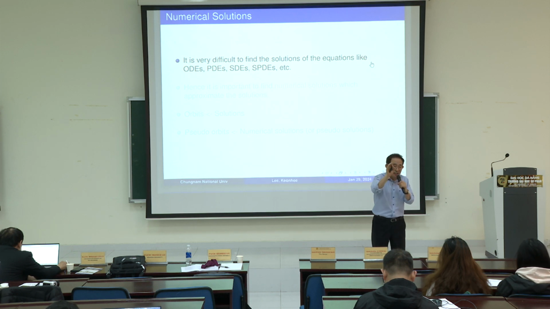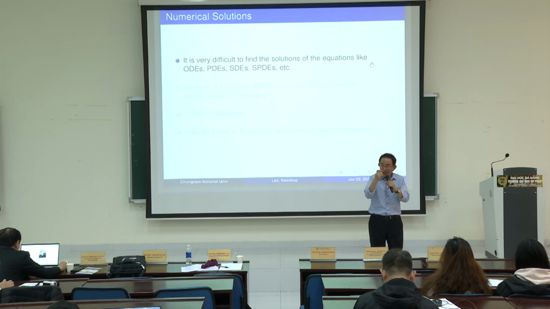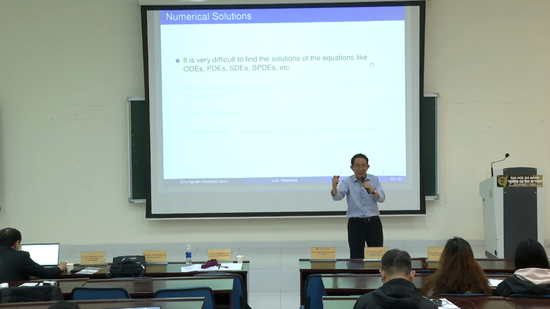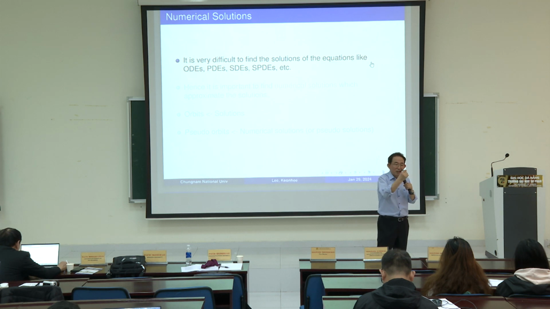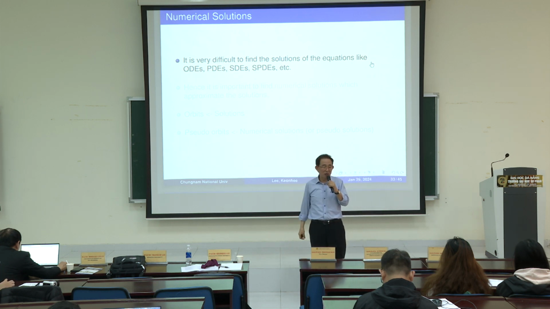To find the exact solution of the equation is very difficult, I told you. What is the numerical solution? We allow the error, truncation error. We want to find some pseudo solution, which admits the error. That is a numerical solution.